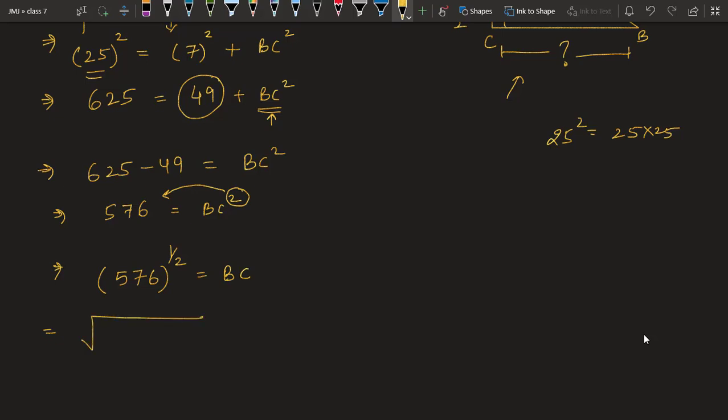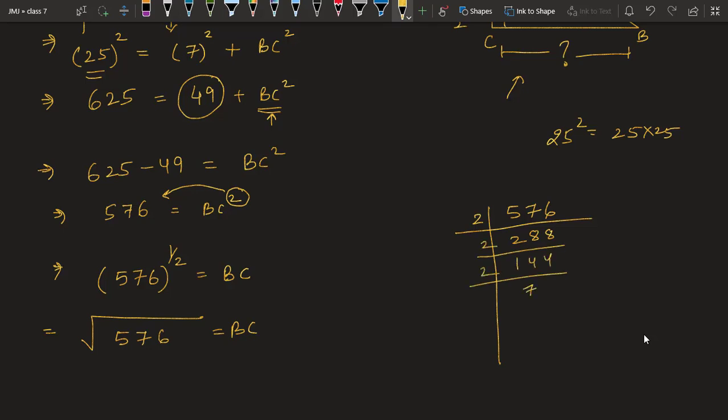Now we can write this as under root 576 equal to BC, and when you solve this 576, finding the prime factors starting with 2: 2 2s are 4, 2 8s are 16, 2 8s are 16, 2 1s are 4, 4, 2 7s are 2, 2 3s are 2, 6, 2 1s are 2, 8, 2 9s are 3, 3 3s are 9, and 3 1s are 3.